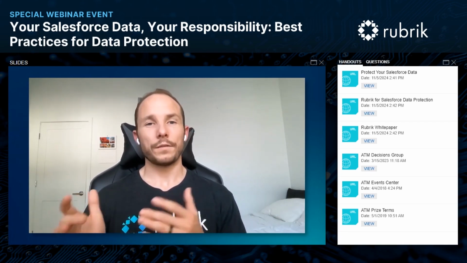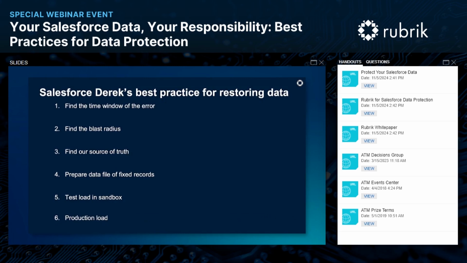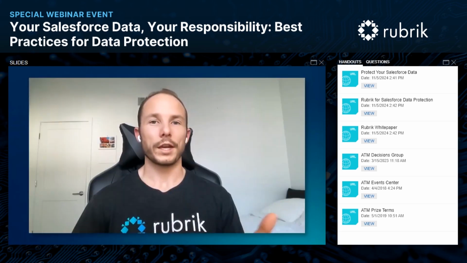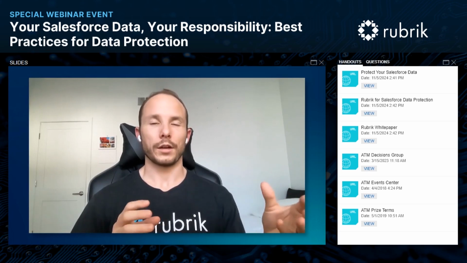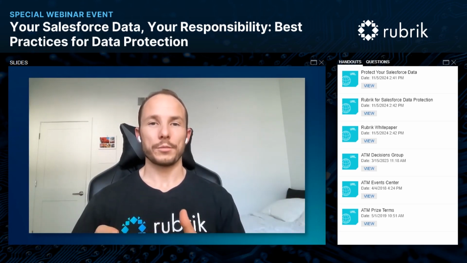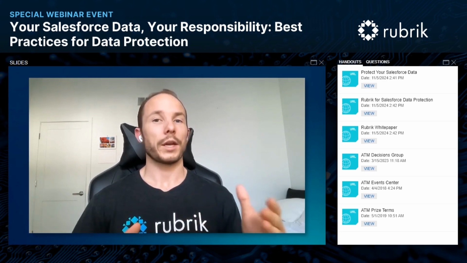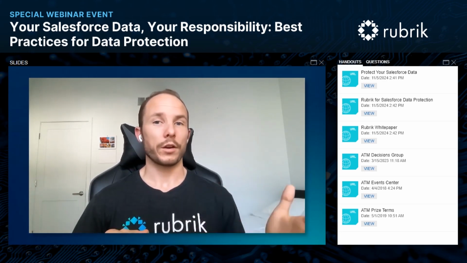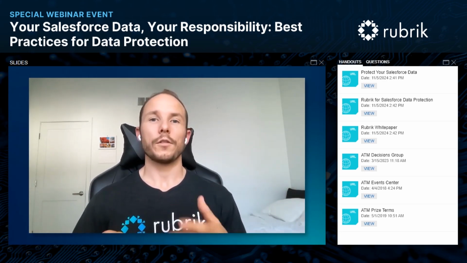And finally, once everything feels good in your Sandbox environment, you're ready to load into production. Once again, you're doing one data load per object, and you're going to want to load in the order in which the dependencies require. That means your parent records go first, followed by your children records.